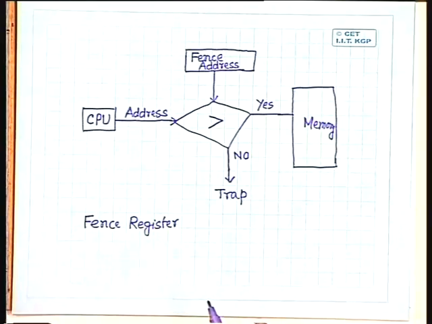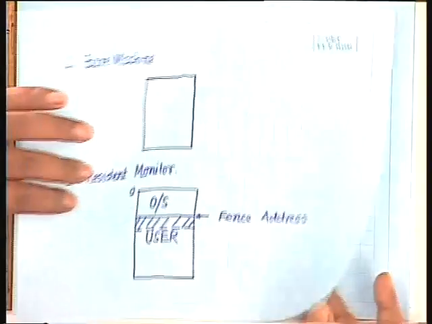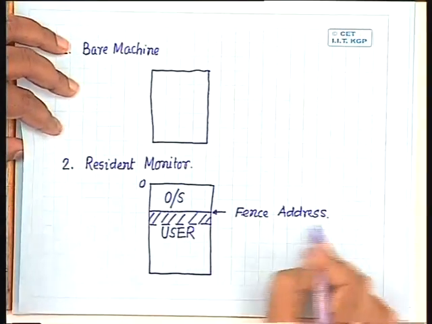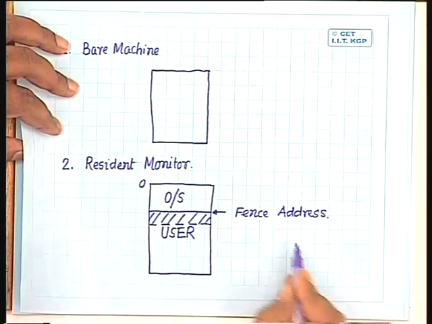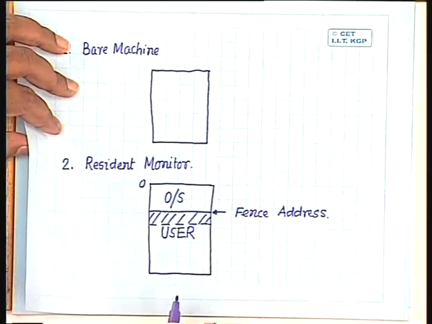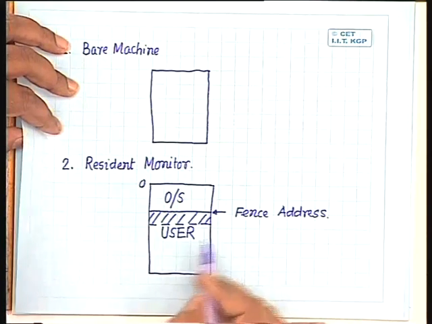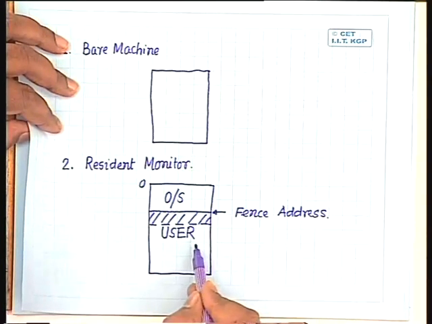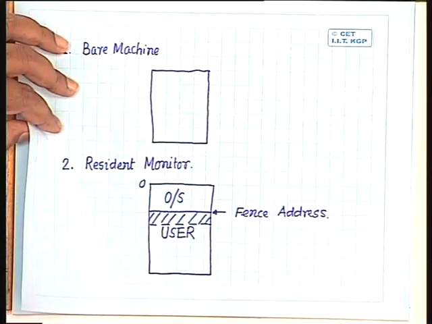Now there is another way in which this protection can be obtained. In this case we have said that we have a fence address. Instead of this, what I can have is something called a base register. Okay, and the CPU can generate the logical address, and that is more logical, because whenever you write a program, the program is compiled by the compiler to give you the executable code, right?